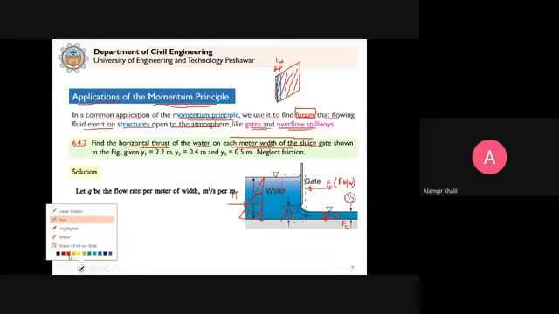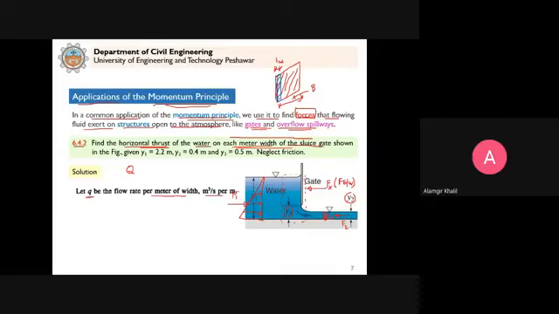In order to calculate that, we have to calculate now the discharge per unit width. Small q is the flow rate per meter of width, so this is cubic meter per second per meter. We have the total discharge Q, and let's say the width of the gate is B or L, whatever you consider.